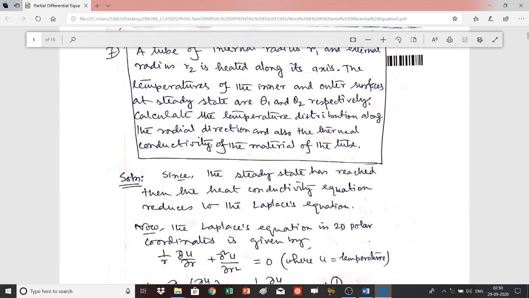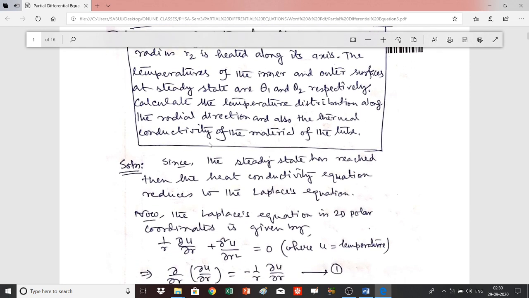Now, since the steady state has been reached, the heat conduction equation reduces to the Laplace equation, because you know that in the steady state condition, del theta by del t, where theta is the temperature function, or del u del t, becomes 0, and in that case the right hand side of the heat conduction equation just reduces to the Laplace equation.